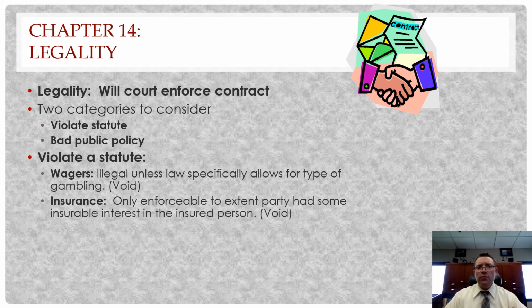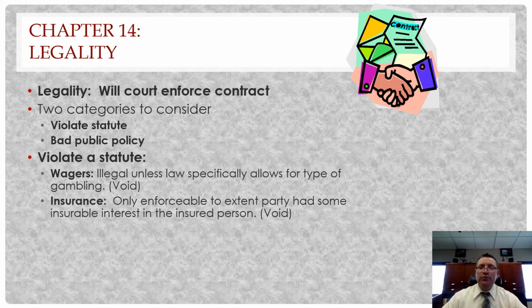All right. Insurance. Insurance usually is only enforceable to the extent a party had some insurable interest in the insured person. So an example might be requiring a life policy on somebody who buys a new motorcycle, where if they die, you get the benefits from that life insurance policy, right? So that individual ends up being worth $2.5 million, and you sold them a bike worth $5,000.